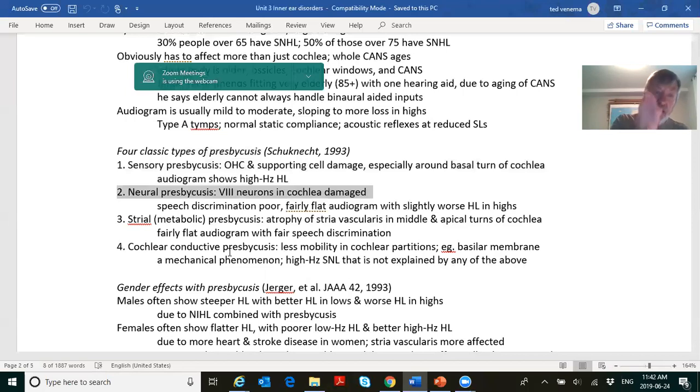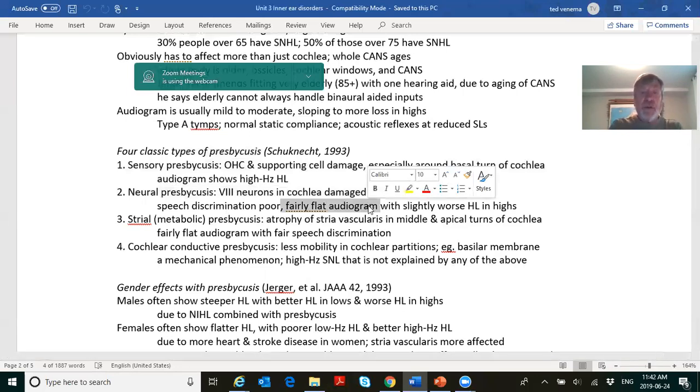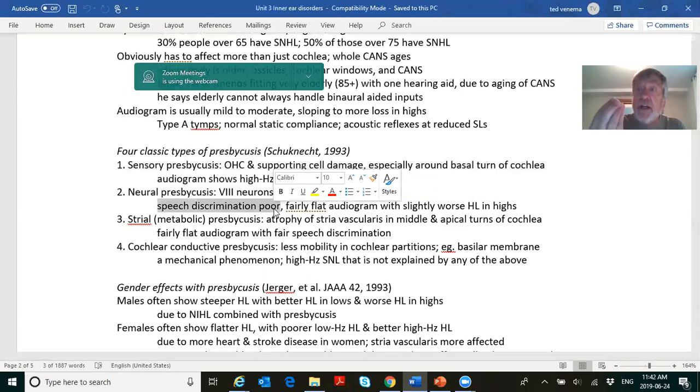So neural presbycusis was usually worse in degree, generally had a fairly flat audiogram, didn't slope as much, and the person usually had poor speech discrimination because a garbled set of information is getting to the brain, because of inner hair cell damage. Inner hair cells are attached to the 8th cranial nerve.